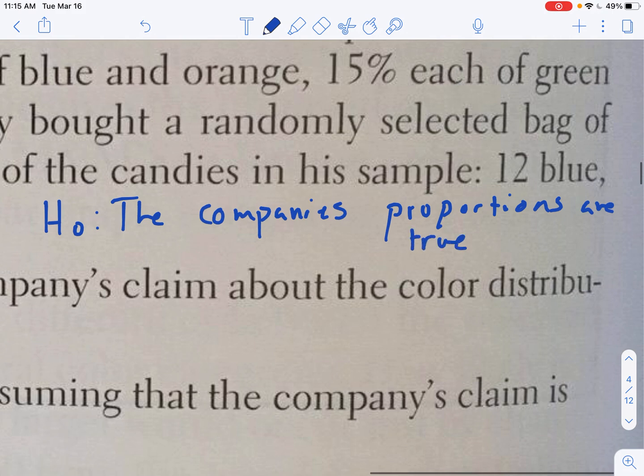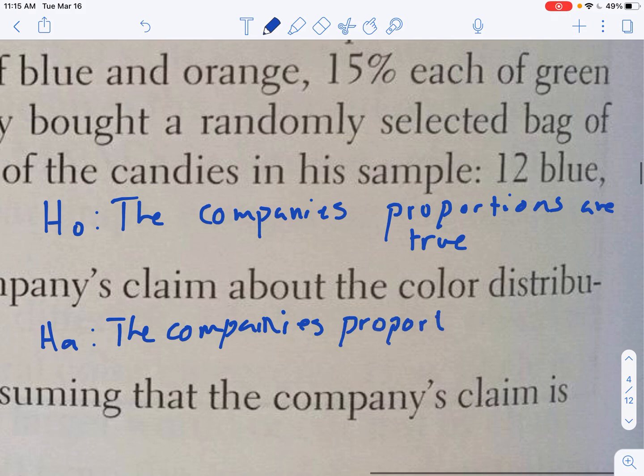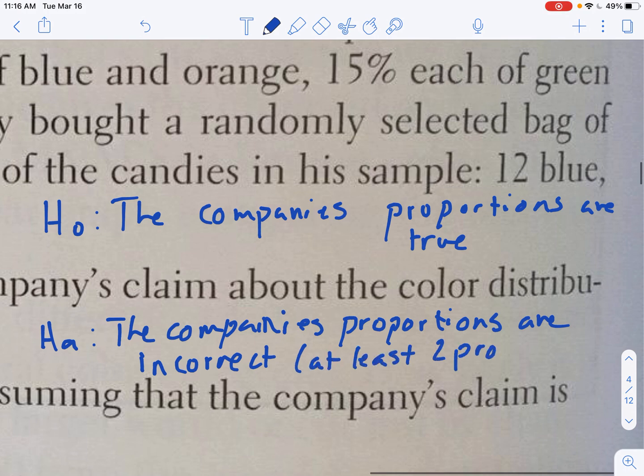And our alternative hypothesis is the company's proportions are incorrect. And what that means is at least 2 proportions are wrong.